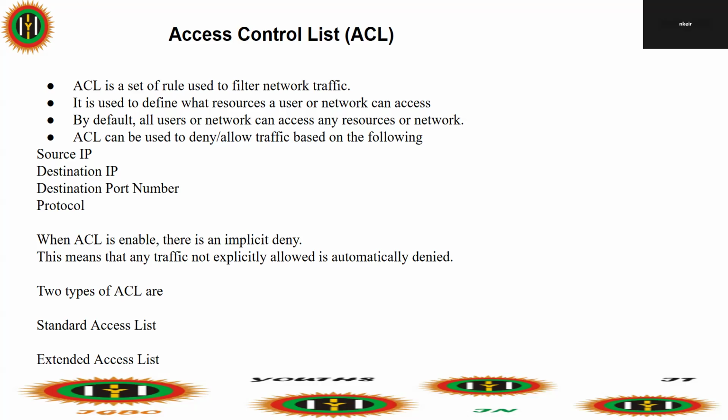So once you set up the ACL, it starts functioning like a firewall that drops by default. But that means at least one ACL needs to be set for that to kick in. This forces you to make sure that whatever traffic you want allowed is explicitly allowed. Otherwise, it will be automatically denied.